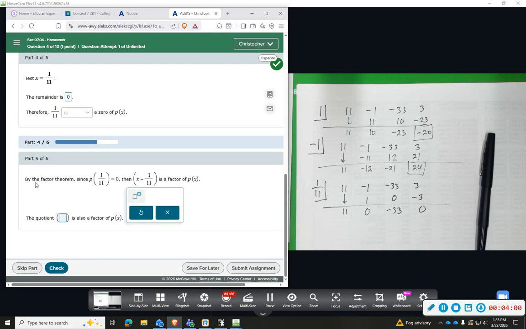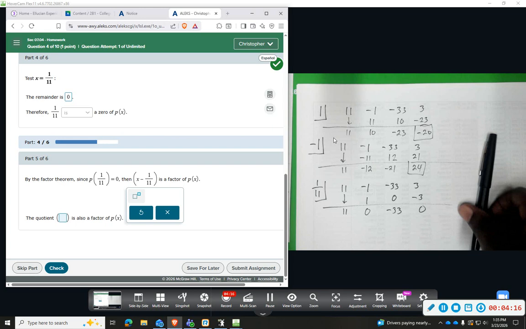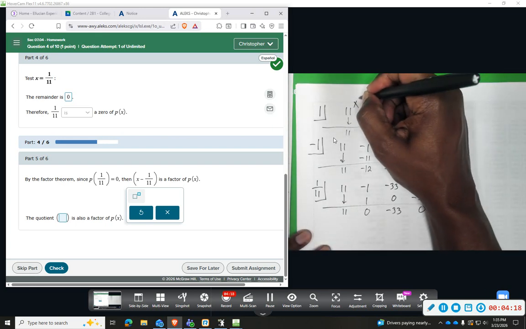And then it says by the factor theorem, since 1 divided by 11 equals 0, then x minus 1 over 11 is a factor. And it says the quotient is, so the remaining, so we started with an x to the third, so I want you to write the remainder, x to the third.